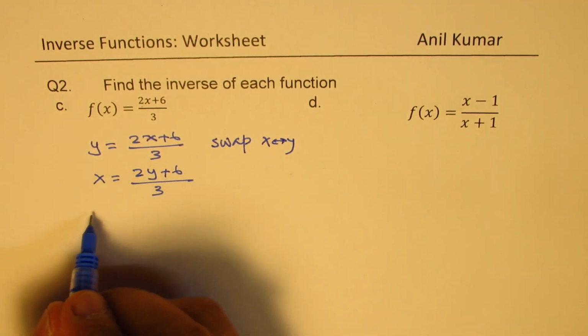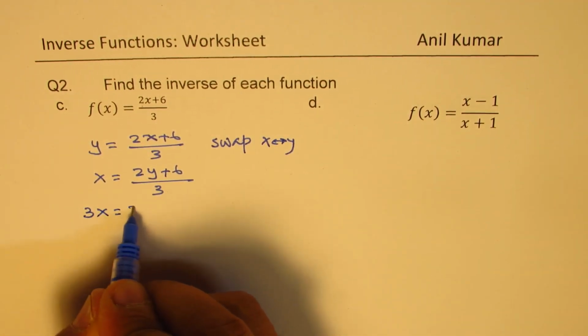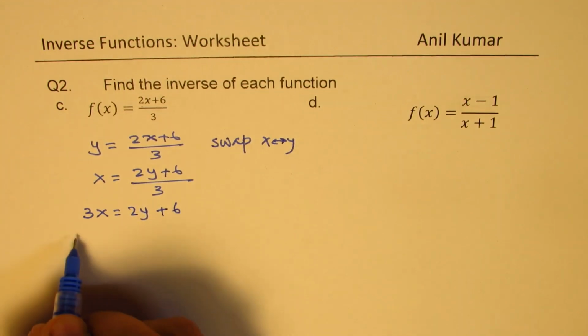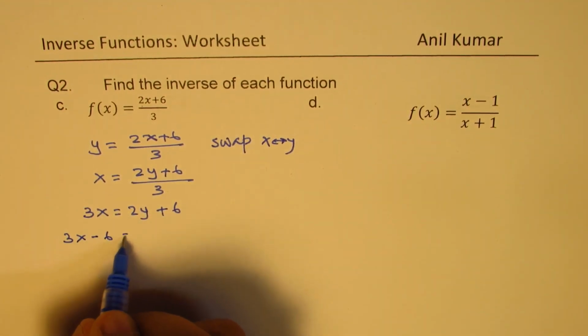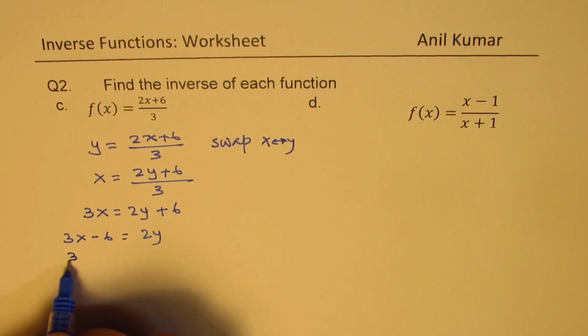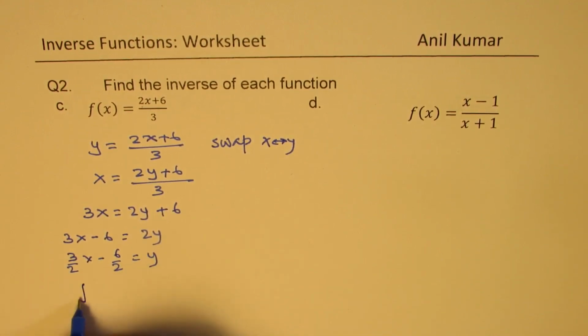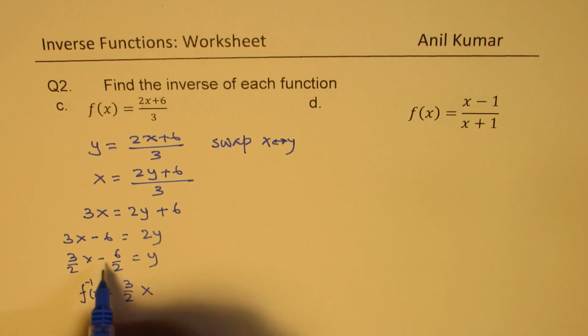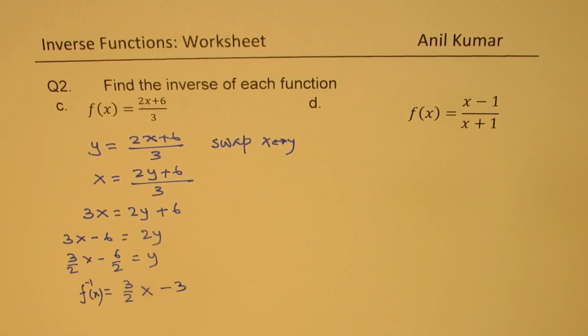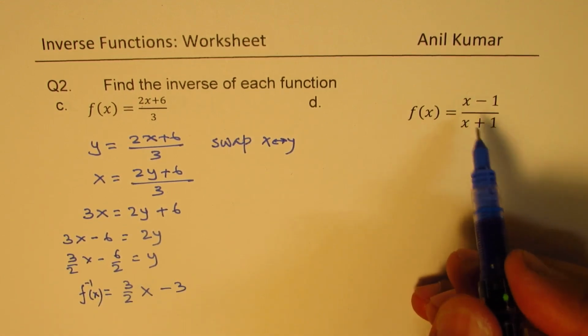Now isolate y. So we get 3x equals 2y plus 6. 3x minus 6 equals 2y. 3 by 2 x minus 6 by 2 equals y. So we get the inverse as 3 by 2 x minus 3. Correct?